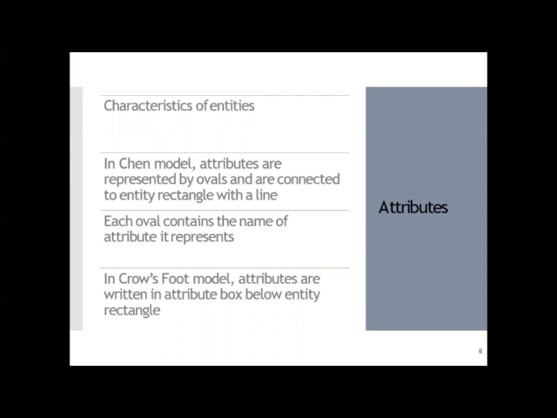So, the difference between the chain model and the cross-foot model is about the notation. In chain model, we use ovals, and in the cross-foot model, we use attribute box below entity rectangle.